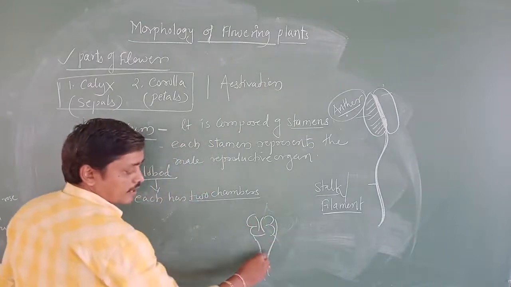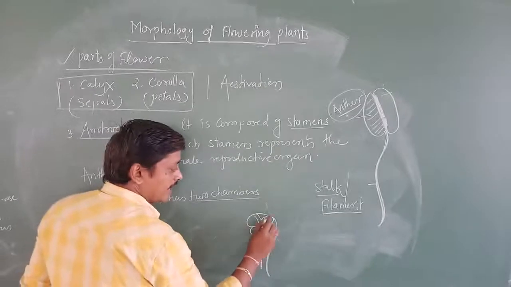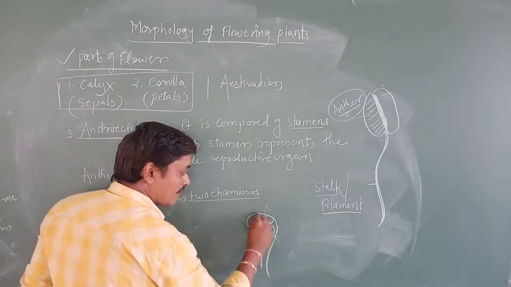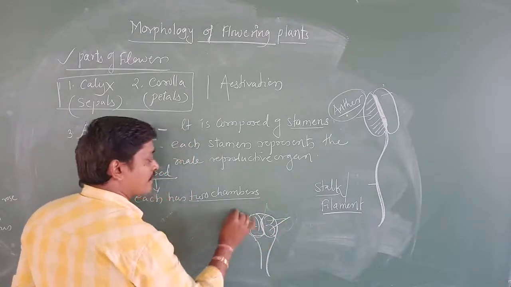Suppose this is what I have drawn here: this is the anther, this is one lobe and this is the second lobe, and each lobe has two chambers.